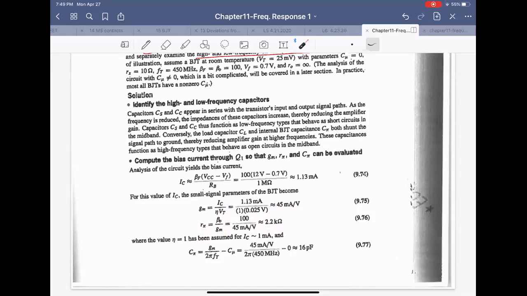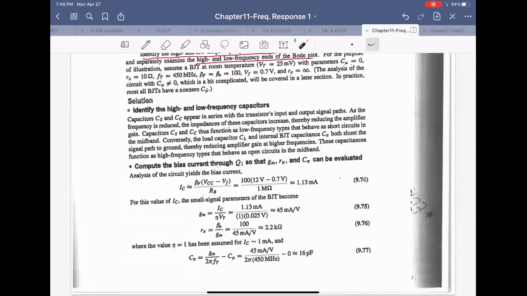In the high frequency case, the internal capacitance C pi is given by this formula. C pi is the capacitance between base and emitter. C pi is Gm over 2 pi Ft. Ft is the transition frequency, the frequency where the voltage gain is 1, minus C mu.